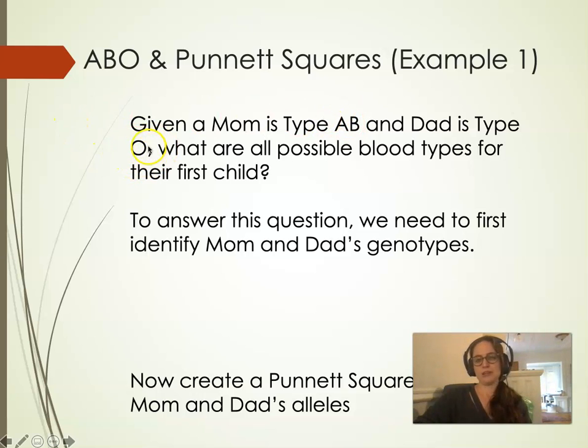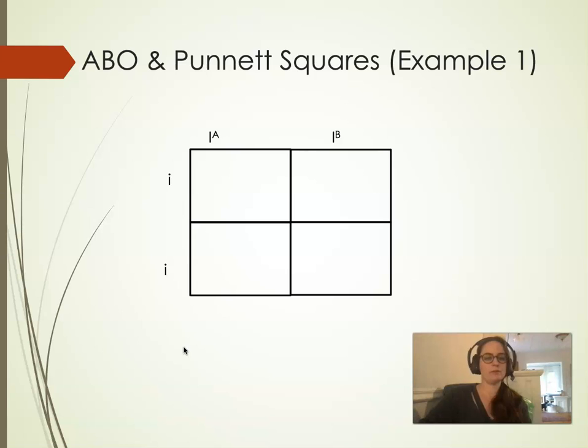Parent 2 is homozygous recessive O. So mom's going to be written like this: I superscript A, I superscript B. Dad's going to be written like this: lowercase i, just because it's easier to see and read on a Punnett square than O. So one parent's alleles get put on this axis, the other parent's alleles get put on this axis, and we're simply going to cross multiply.